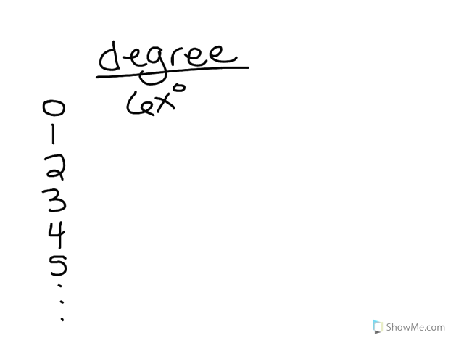That term's value will never change regardless of what x is, as long as x isn't 0, of course, because anything to the 0 power is 1. That's always going to be 6. So those are constants. They don't change. They're the same forever.